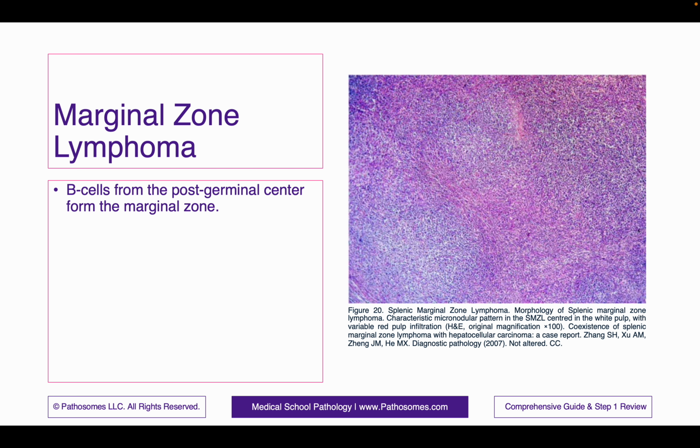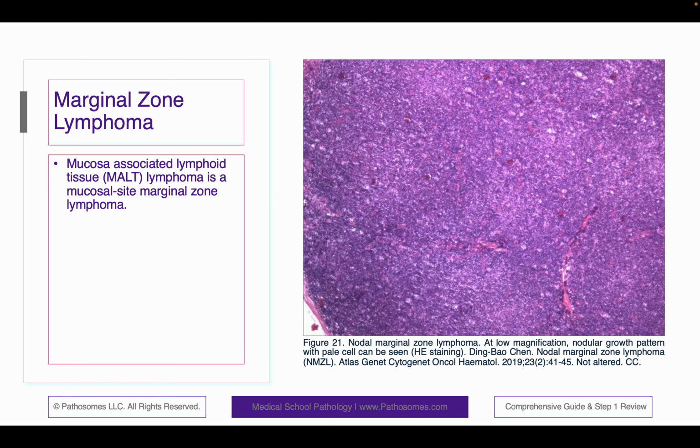The B cells of marginal zone lymphoma form from the post-germinal center marginal zone. Mucosal associated lymphoid tissue, or MALT lymphoma, is a mucosal site marginal zone lymphoma.